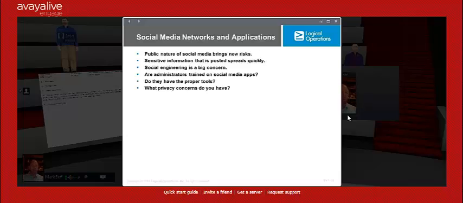Social media networks and applications. Okay, well, social media is a fact of life. Everybody's using it to some degree. Organizations, even the State Department, we use Facebook and Twitter to keep in touch with each other and disseminate information. But the deal is, it's not as tightly controlled as maybe some other communications methods have been in the past.